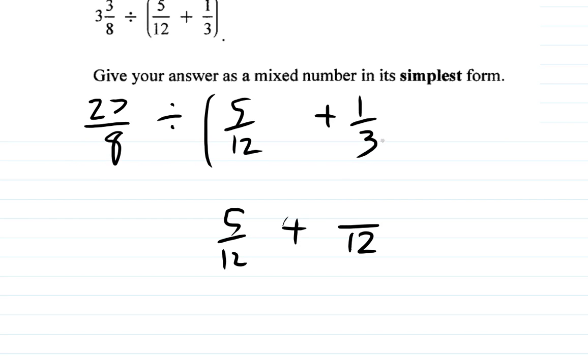What do you do to make 3 become 12? You multiply by 4. But if you multiply below by 4, you must multiply above by 4 as well. So it's 4/12. 5/12 and 4/12 give you 9/12. Alright? That is using common denominators. You see that?